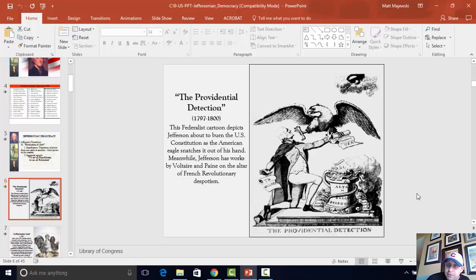And, of course, this is produced by Federalists, right? And what we're talking about here is, this is funny, they view themselves as protectors of the American ideal. The American eagle is supposed to be a representative of them. It's snatching the Constitution out of Jefferson's hands as he's about to throw it into this essentially like a burning, I don't know, bin. Like he's going to set it on fire, like he's going to destroy it.